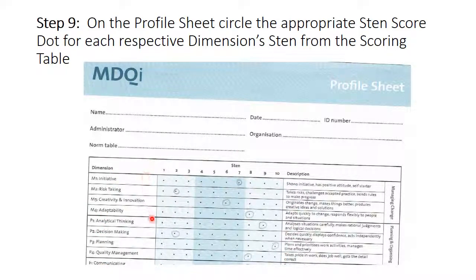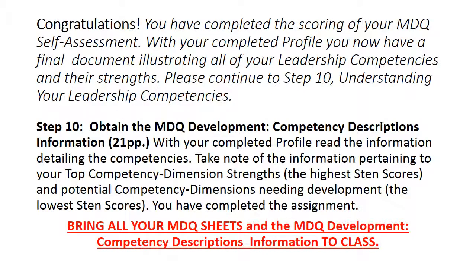You'll do this for all of the dimensions completing this sheet. This should take you only a couple of minutes, and I hope you find this by far the easiest of many of the steps that you have just completed. So here you are now at the end, and really congratulations.